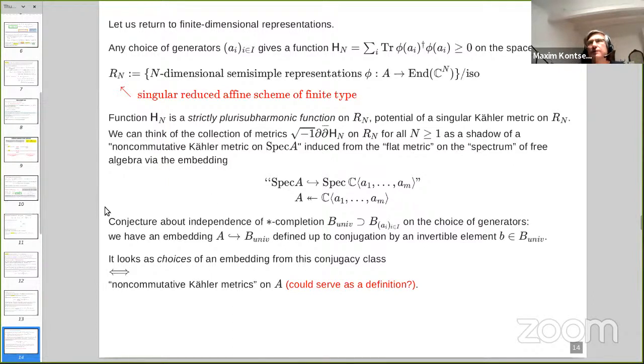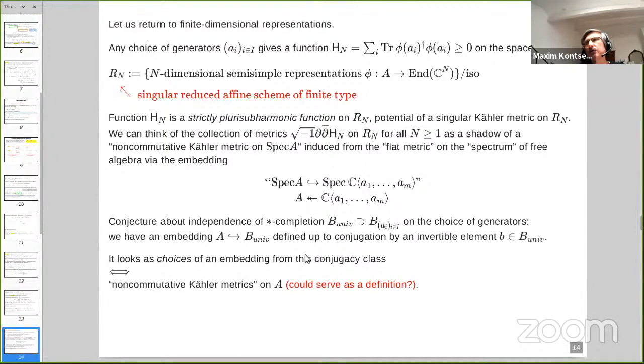What is this? It should be this Hermitian Kaehler metric, but one can maybe try to get some definition, which I'm not ready yet. So if this conjecture about independence of star completion on the choice of generators holds, it means that we get some kind of nice complete star algebra depending on the generators.